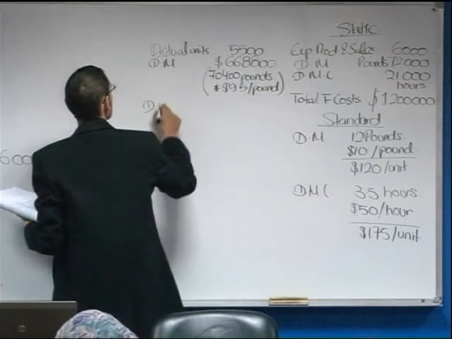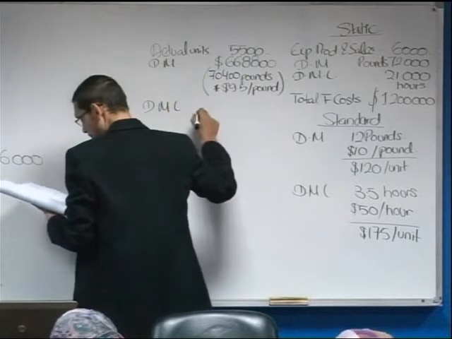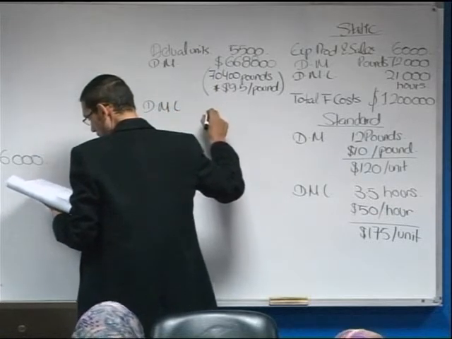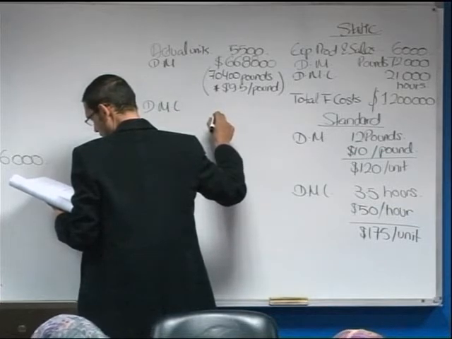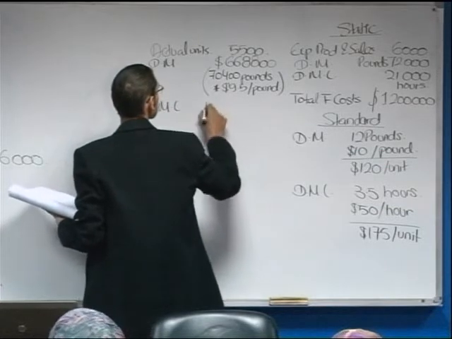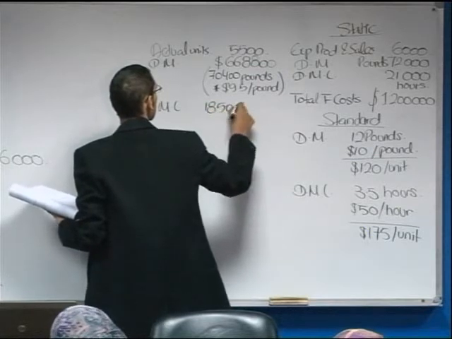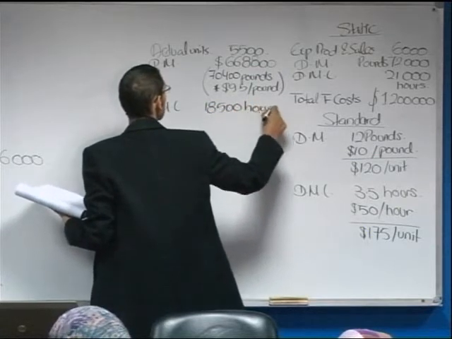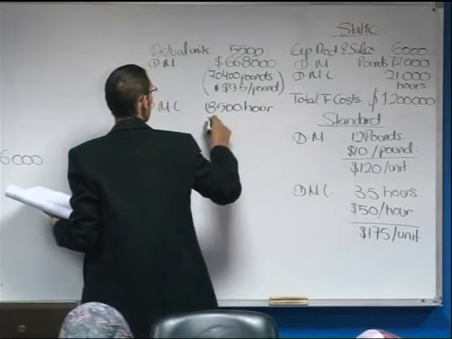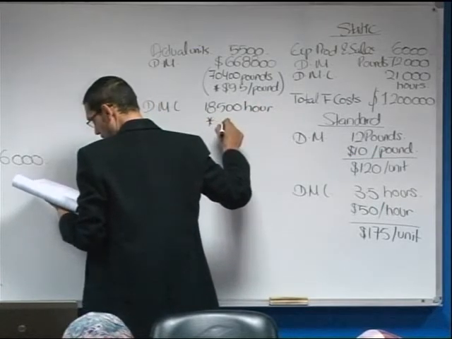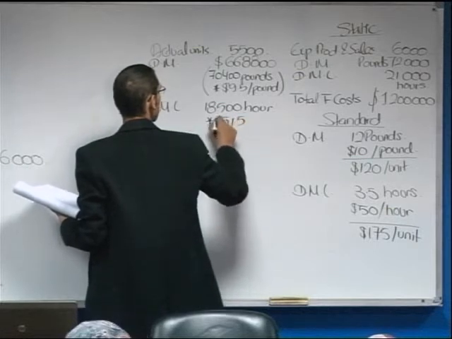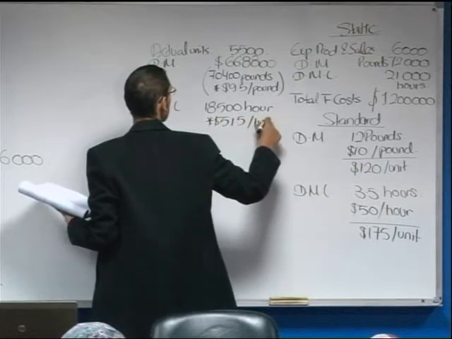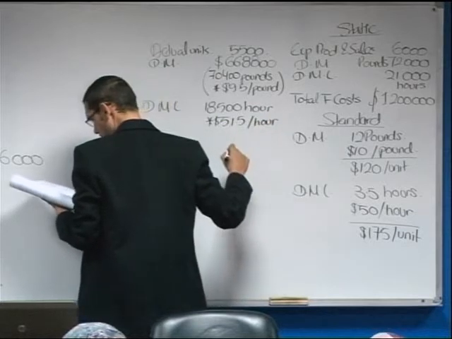The direct manufacturing labor was 18,500 hours, of course, according to a rate of $51.50 per hour.